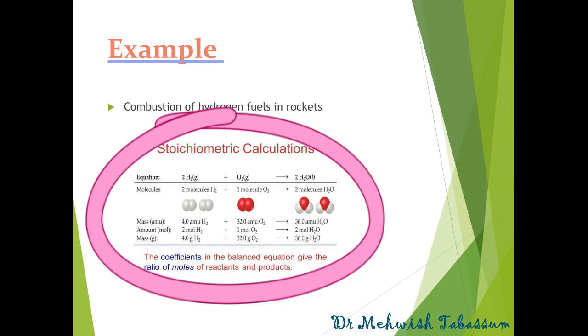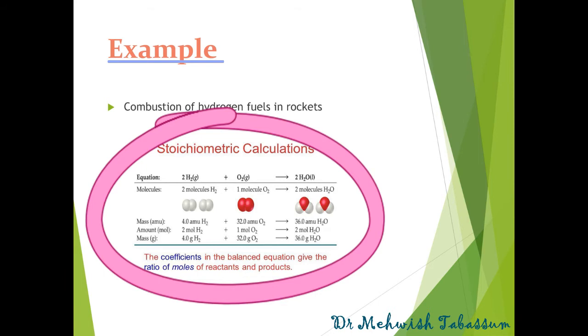We have two reactants, H2 hydrogen plus O2 oxygen. Both of these reactants are in gaseous form. While on the right hand side, that is the product side, we have water in the form of liquid. When these two reactants react, we will get fuel in the form of water or steam.